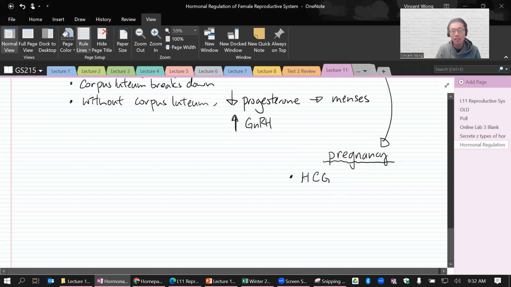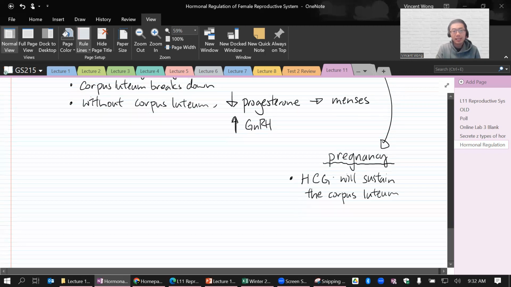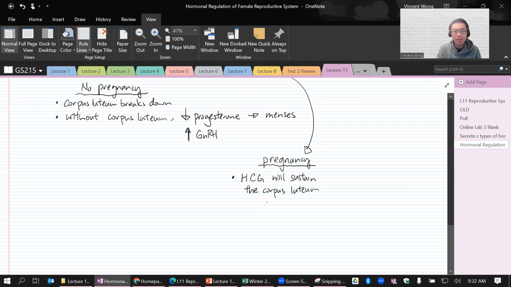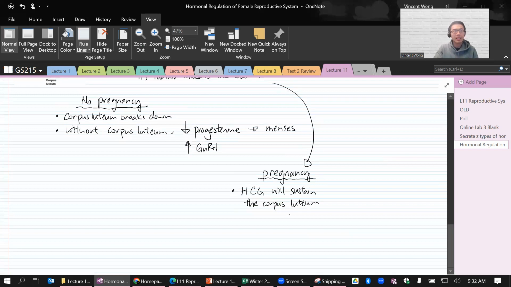But HCG will sustain the corpus luteum. It's very important to sustain the corpus luteum if you're pregnant.